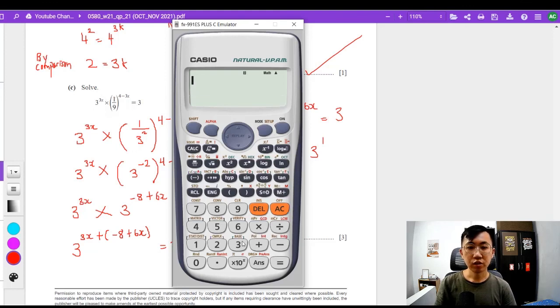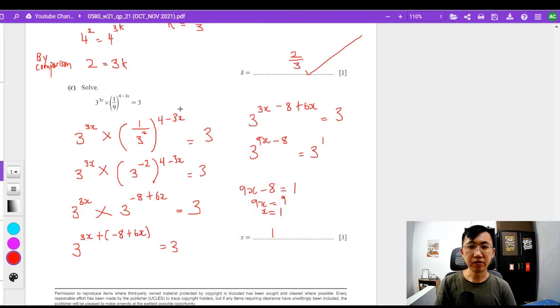So 3 to the power of 3 multiply with 1 over 9. Let's see. 1 over 9. Oops, I have to press right, close it. Indeed, I can see my final answer is 3, which is matching, so your answer is correct here. There you go. That is the last question of this paper.